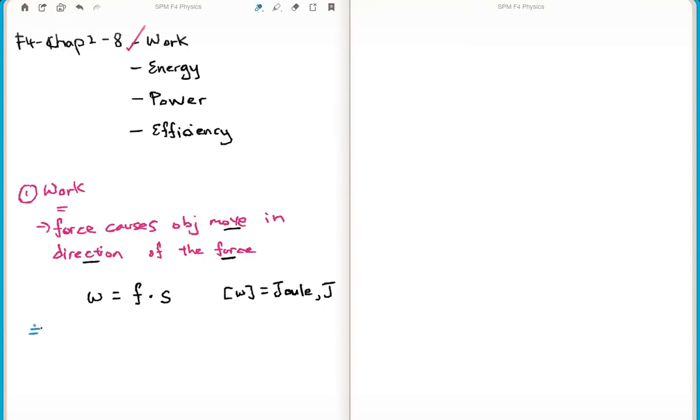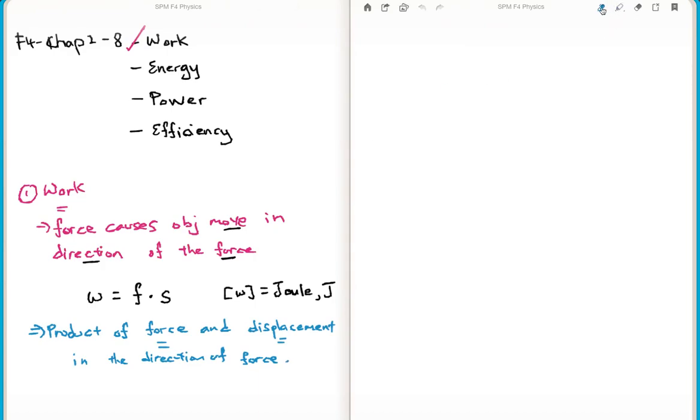Work done is actually a product of force and S, which is displacement. Force and displacement in the direction of force. Okay, that's all about the wording. Now let me give you an example. You will get a better understanding by using the following example.